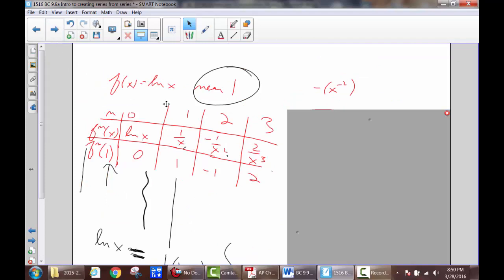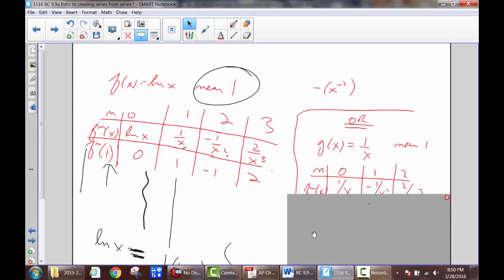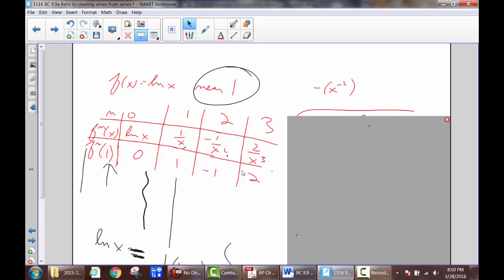If you wanted to find the power series for ln x near 1, for example, so that's a real Taylor series. The derivative of ln x is 1 over x, which is x to the negative 1. The derivative of that is negative x to the negative 2, etc., etc. And then you're evaluating that at 1.